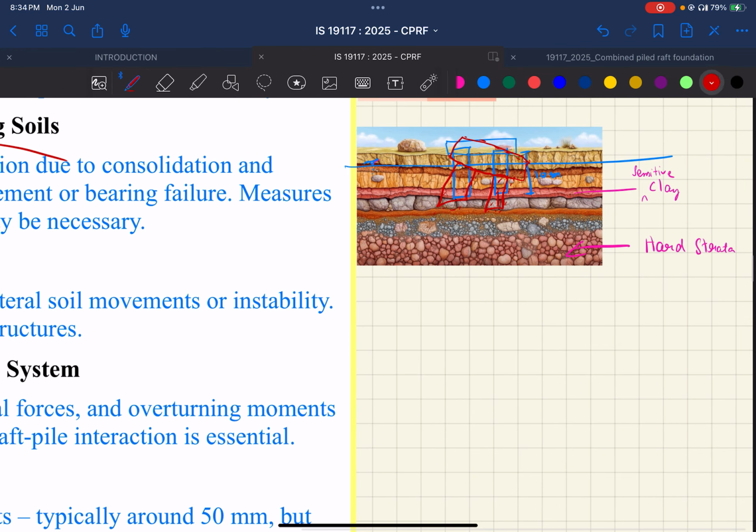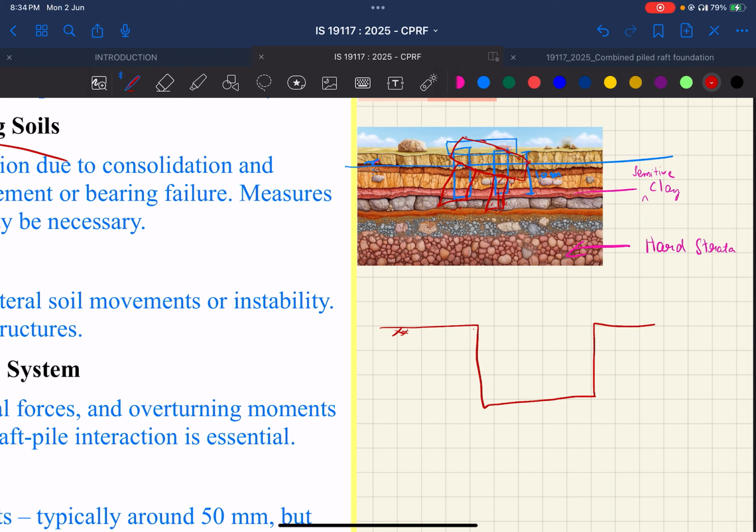What does it mean? Just assume that this is my ground and I am making a deep excavation to place my foundation, and assume there is a structure which is placed over here. What happens when you are removing a soil? As you remove soil from this portion of the ground, it creates a stress relief.